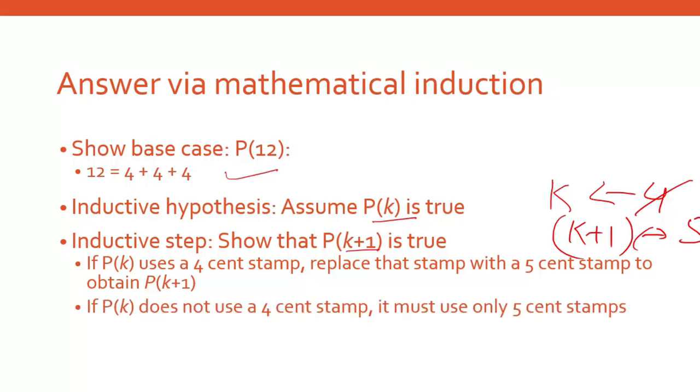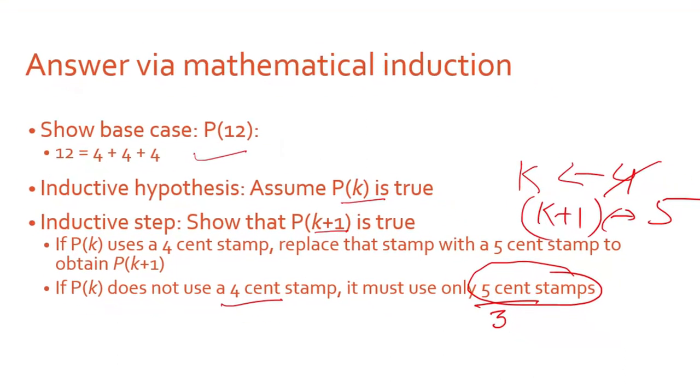The second case is if P of k does not use a 4 cent stamp, and is using only 5 cent stamps. Then in this case it will be using at least three 5 cent stamps because the amount is greater than 12.